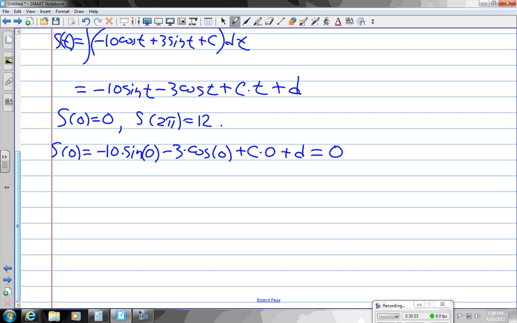Right? Now, since sine of 0 equals 0, cosine of 0 equals 1, c times 0 equals 0, we're left with negative 3 plus d equals 0.